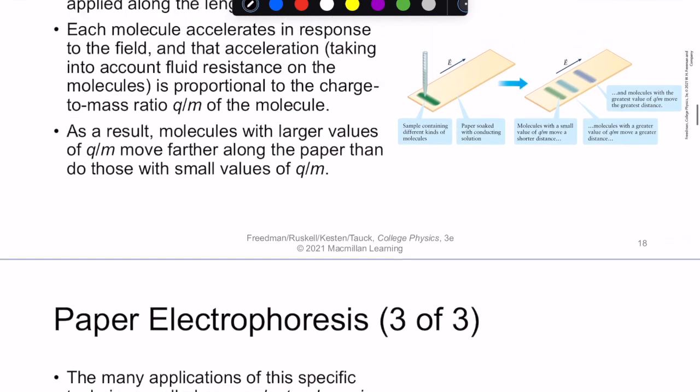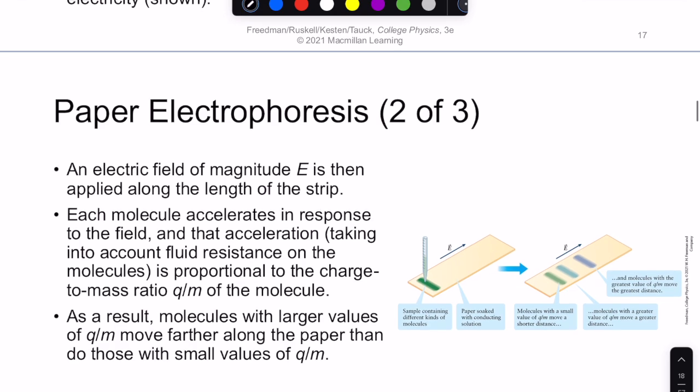Here's how it works. You have your unknown solution, your sample that contains different kinds of molecules, and you put it on a piece of paper. You dab a little bit at the end.